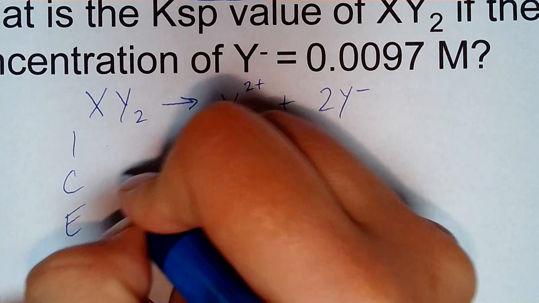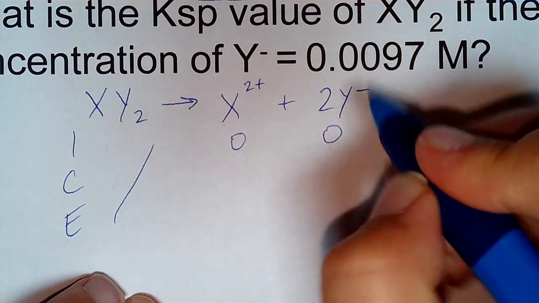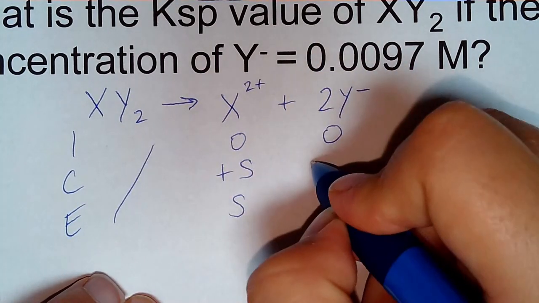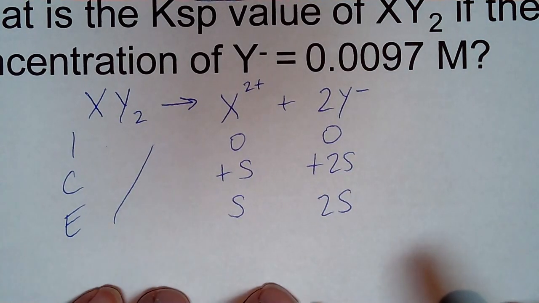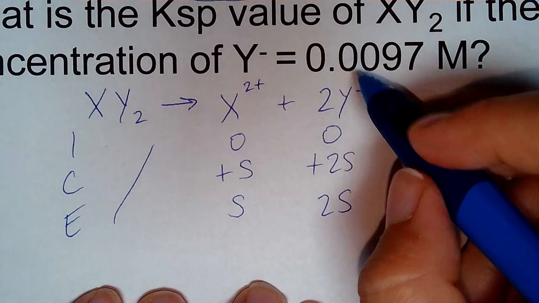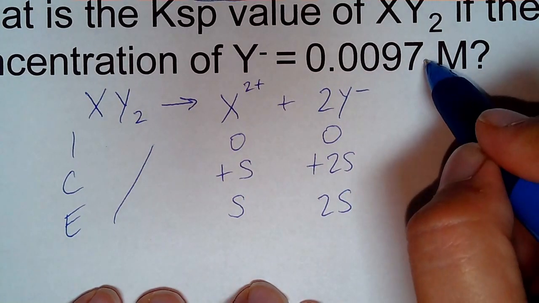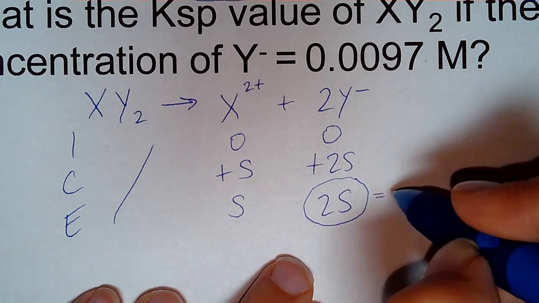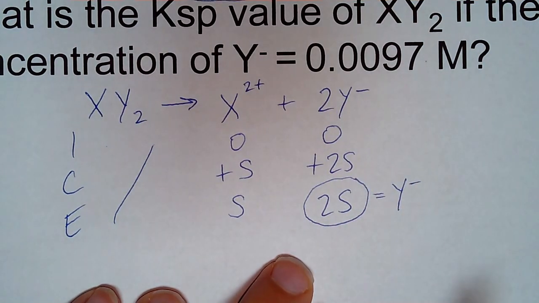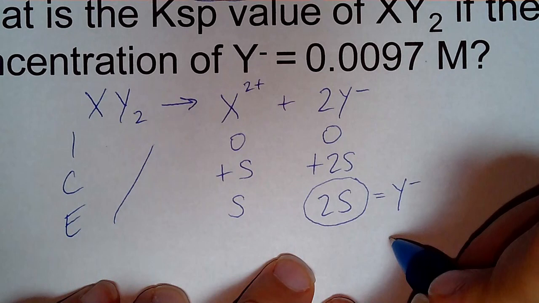S, 2S. Alright, now it's telling us that Y minus is 0.0097. We also know that 2S is equal to Y minus. So 2S is equal to 0.0097, so we can calculate S.